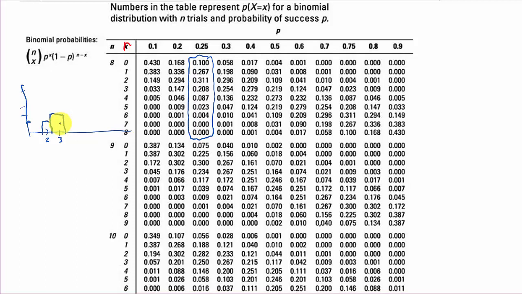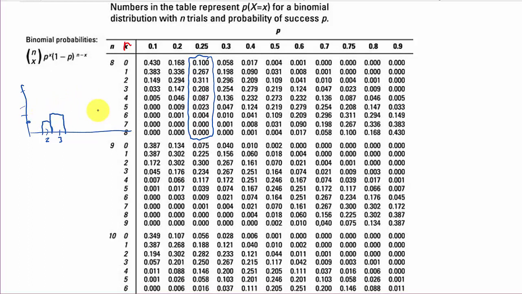Now, the larger that n gets, if we use n of 5 or n of 3, something like that, and we graph these, this little histogram may not look like a normal distribution. But the larger n gets, the better it approximates a normal distribution.